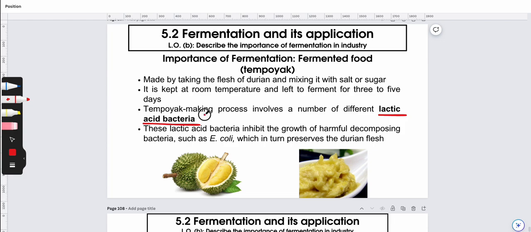They actually have another name, which is LAB, in capital letters. LAB can be introduced to the fruits, or it can occur naturally as well. LAB is very important because it will inhibit the bacterial growth. So that's why, even though you just keep it at room temperature, it will stay good. You can eat it. Okay, so this is tempoyak. I don't like tempoyak, so let's move on.